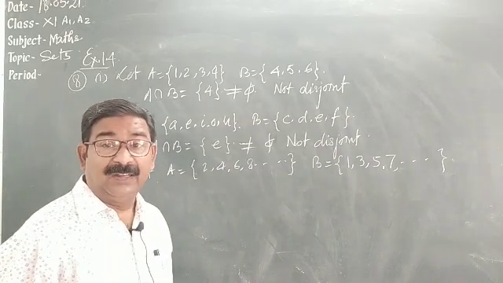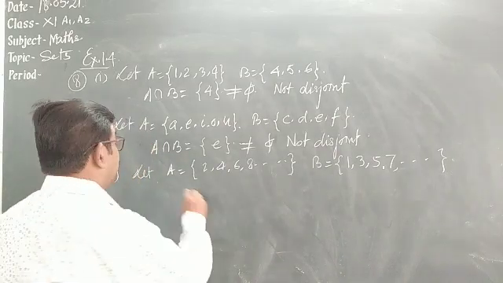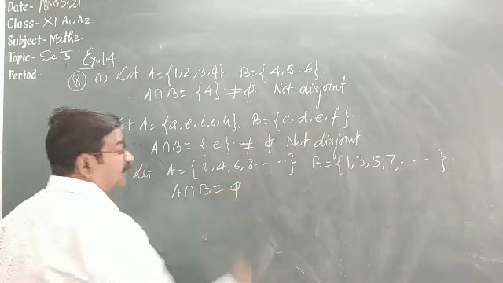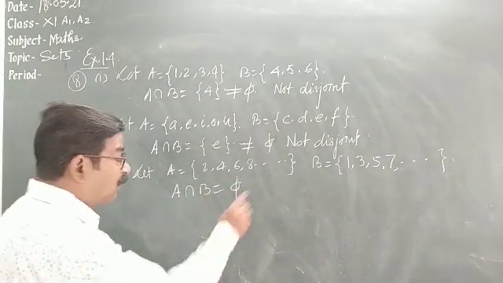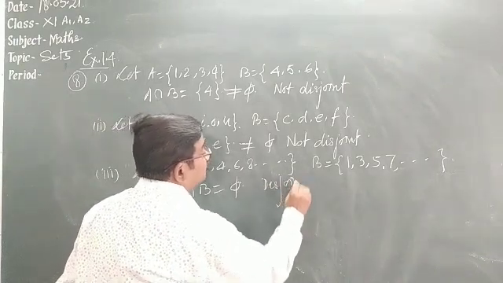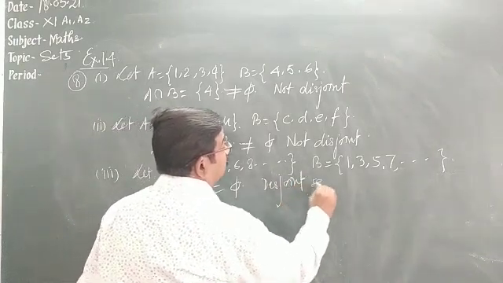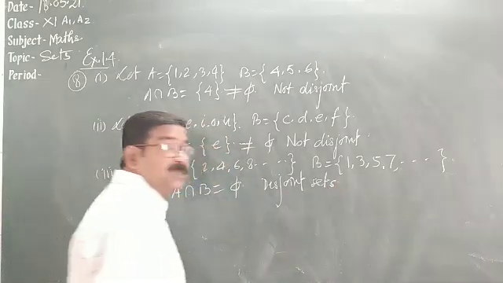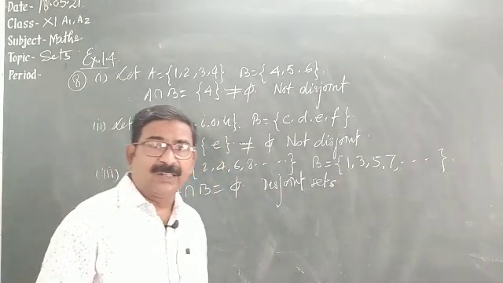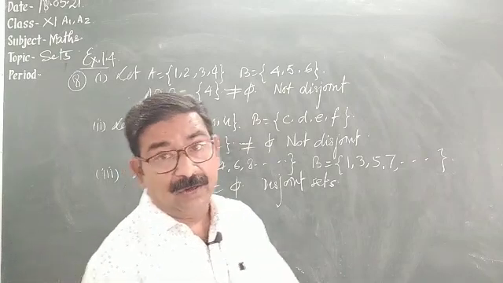When we find the intersection, A intersection B, we see it is phi, nothing is common. So these are disjoint sets. Clear? So this is how we check whether the given sets are disjoint or not.